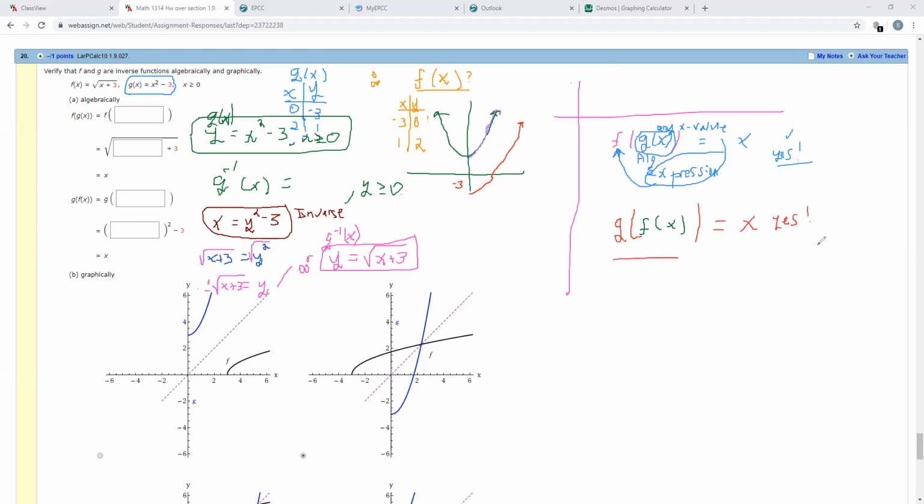And then we can say, therefore, since both compositions get you back to the initial x value, the two functions are inverses.